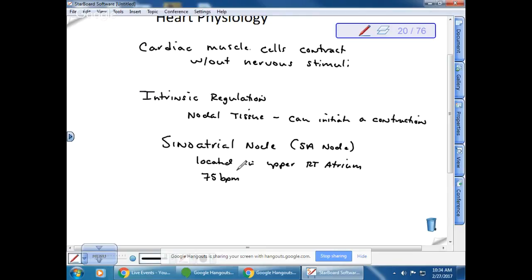So athletes, for example, might have a resting heart rate that's below that. Okay. We also have what is called the atrioventricular node. This is abbreviated as the AV node.